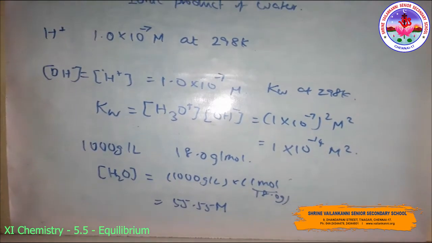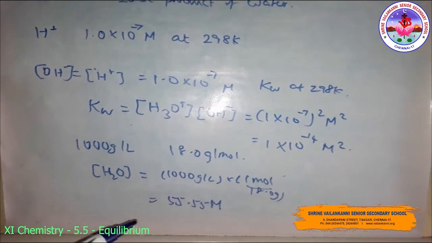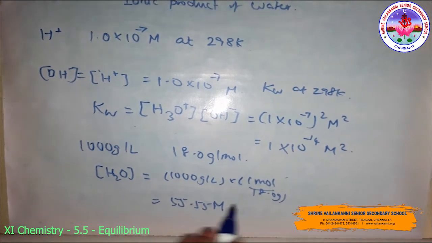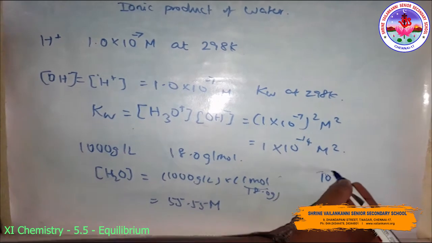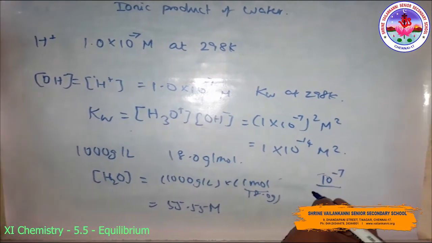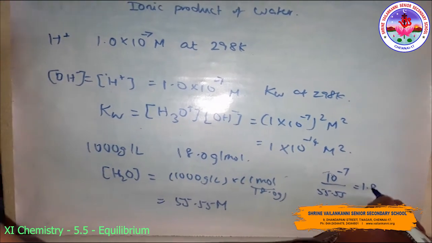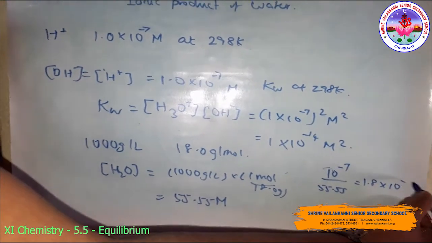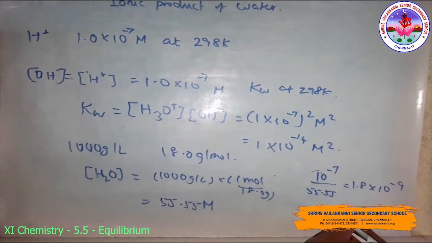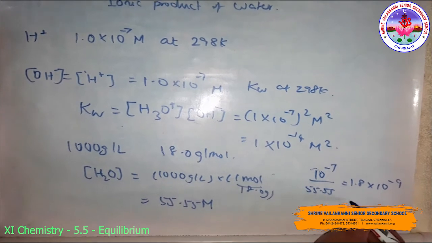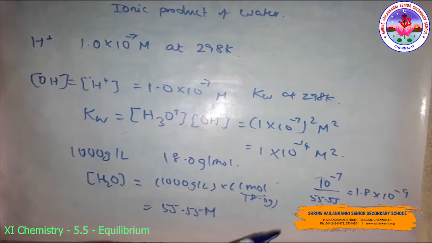Therefore the ratio of dissociated water to undissociated water is 10 power minus 7 divided by 55.55, equal to 1.8 into 10 power minus 9, or simply 2 into 10 power minus 9. Thus the equilibrium lies mainly towards the undissociated water.